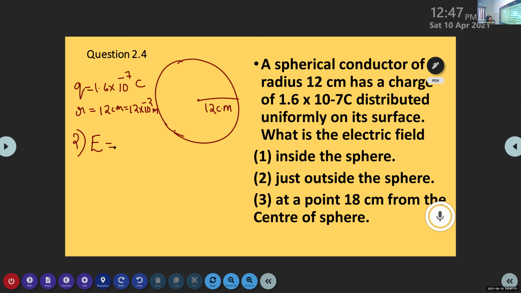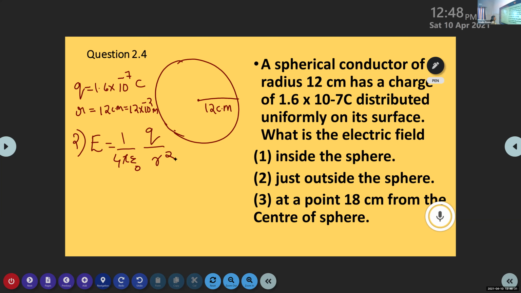Anyone? Vidur, what is the equation for calculating the electric field? 1 by 4 pi epsilon 0 q by r square. Very good. 1 by 4 pi epsilon 0 q divided by r square.